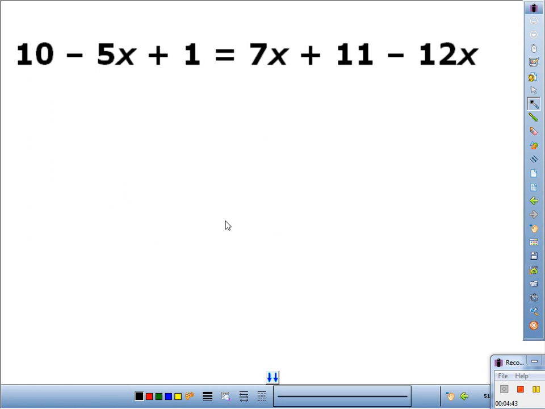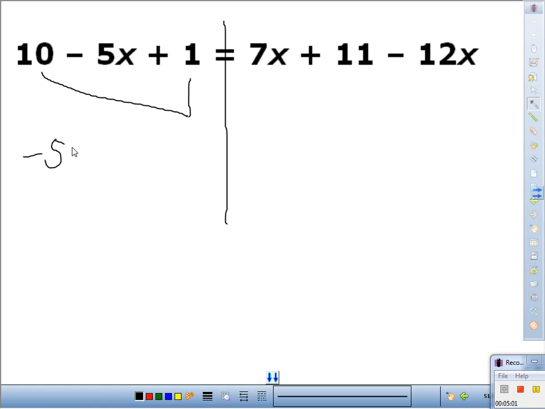We're going to do this one together. Okay? All right, here we go. Line down the equal sign. For the left side, we can combine like terms, yes? We can combine 10 and 1, can't we? But I'm going to bring down the variable first so we can keep it in standard form.